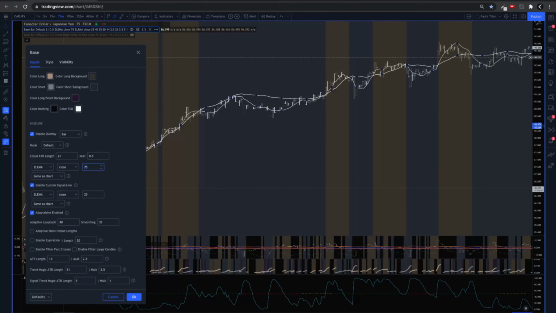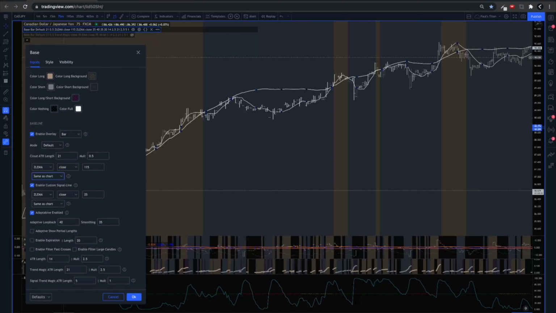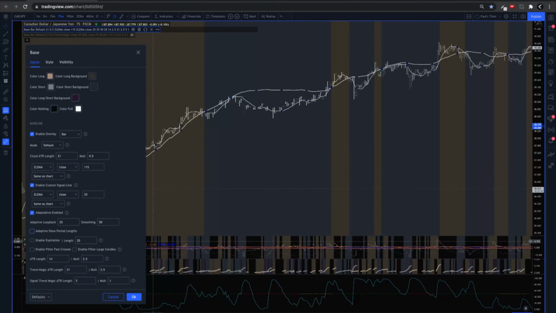Let's increase this and see what happens. Look at that, eh? Okay, so I'm going to bring this down to 25, the look back. I want to get this slow moving average to actually be a little bit less slow, but still over the same good period of time.